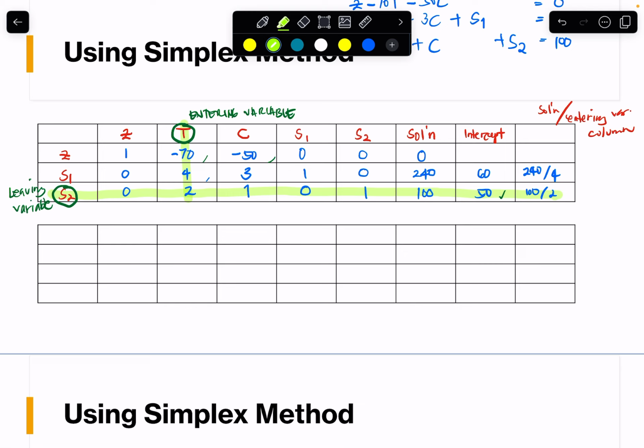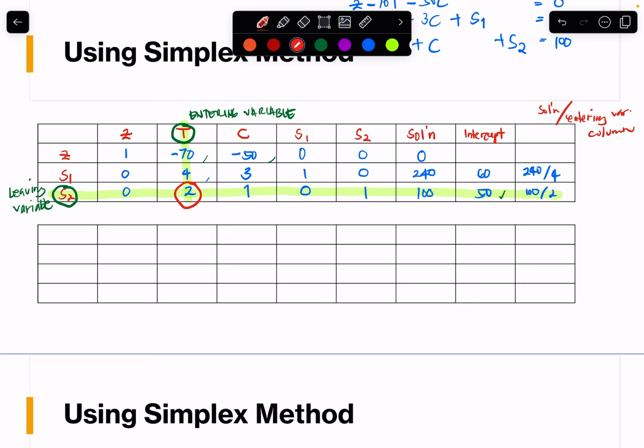The row of the leaving variable is what we refer to as the pivot row. And the intersection between the entering and the leaving variable is what we refer to as the pivot element. We want to make the pivot element equal to 1. The pivot element should always be equal to 1.